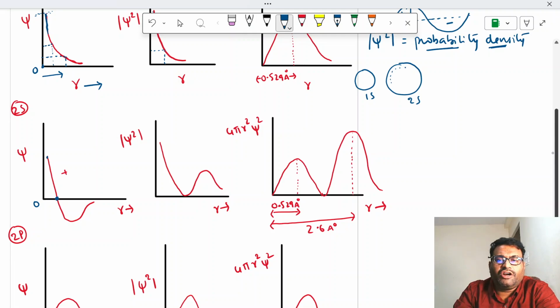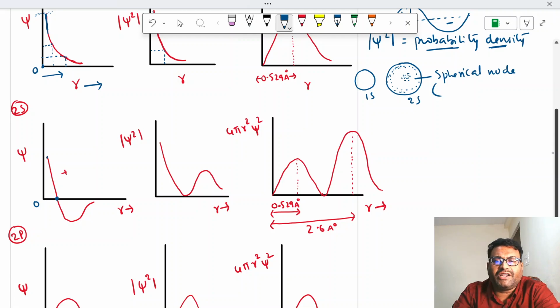And there are two areas where there is maximum probability of finding the electron. Between these two areas, there is a spherical region where there is no probability of finding the electron. That is called a spherical node. What is a spherical node?